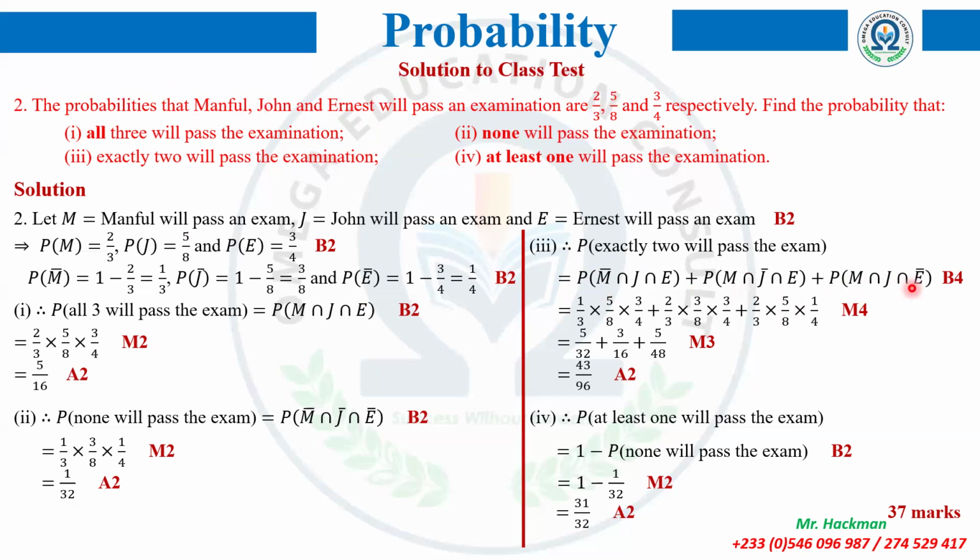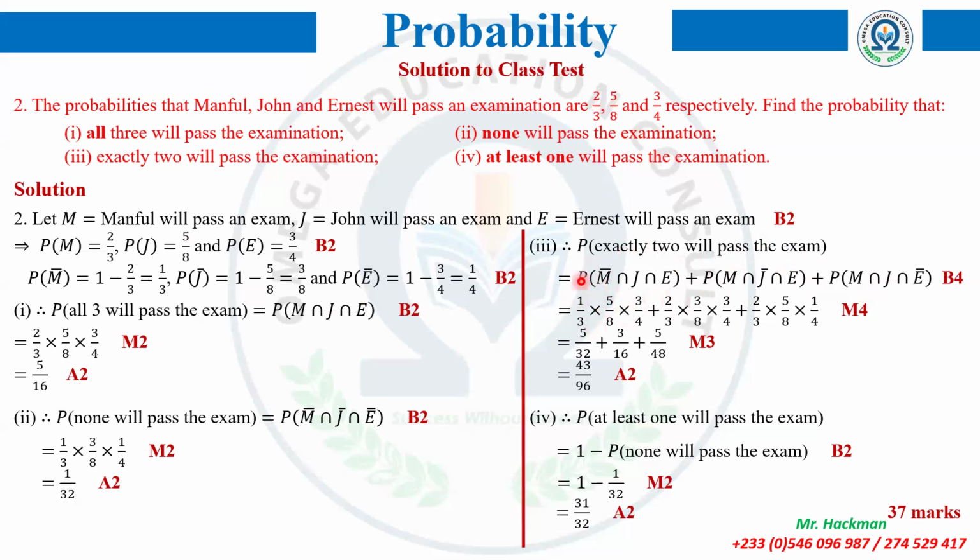Then the third one: NS will fail and the other two will pass. So you can see that the complements started from M, moved on to J, then moved towards the last one. That's how I usually do mine. So if you say exactly one will pass, I will start with the first two complements, then keep on moving. But that was just by the way.